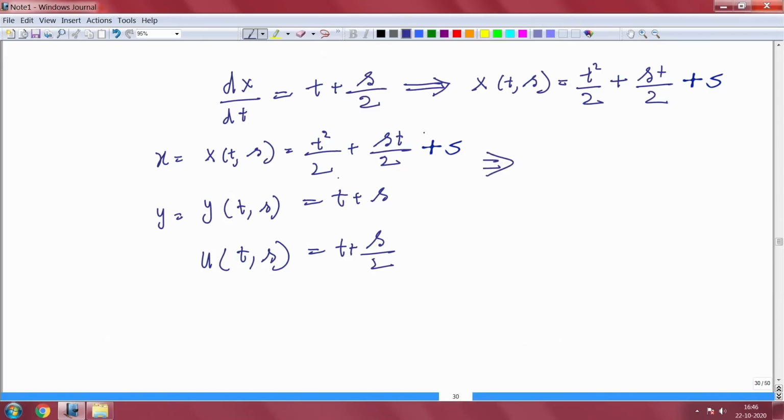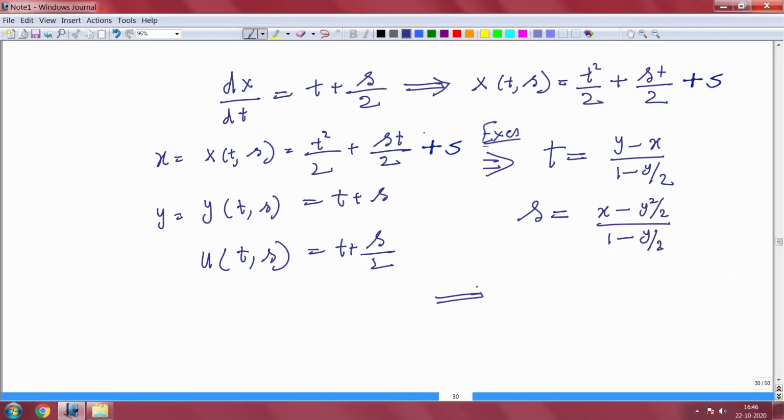that means you have to write down your t and s in terms of x and y. I do not do the calculation, but I will write down, you get t is equal to, solve this equation, a simple exercise. You get your t is equal to (y minus x) by (1 minus y by 2), and you get your s is equal to (x minus y square by 2) by (1 minus y by 2).